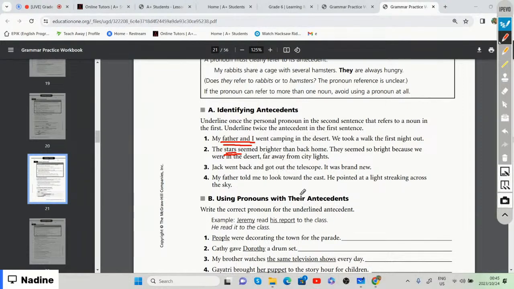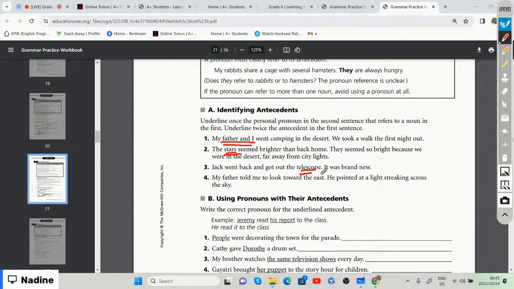It was brand new, which means that we are referring to the telescope. So it is a pronoun for that specific word.